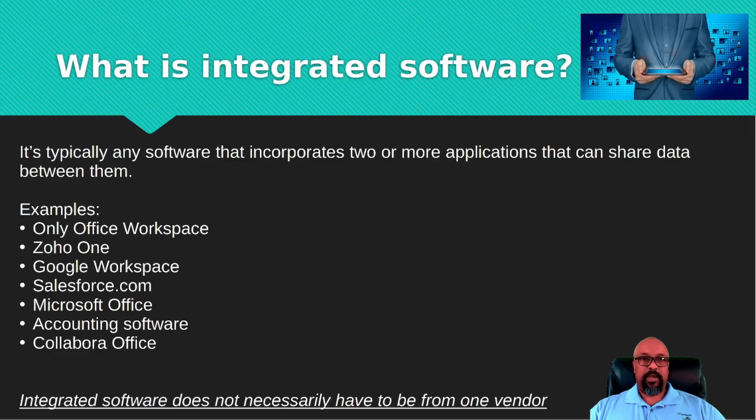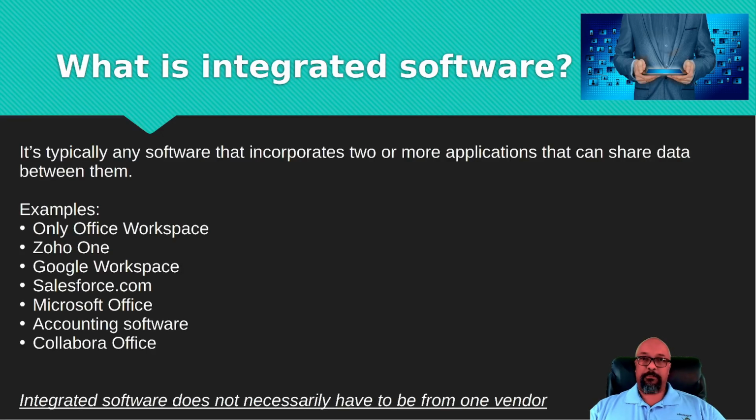There's OnlyOffice Workspace, Zoho One, Google Workspace is another really nice integrated software solution. Salesforce.com, Microsoft, I think they call it Microsoft 365 now, but more specifically Microsoft Office, which many of you are very familiar with. There are various accounting software solutions out there that are integrated.